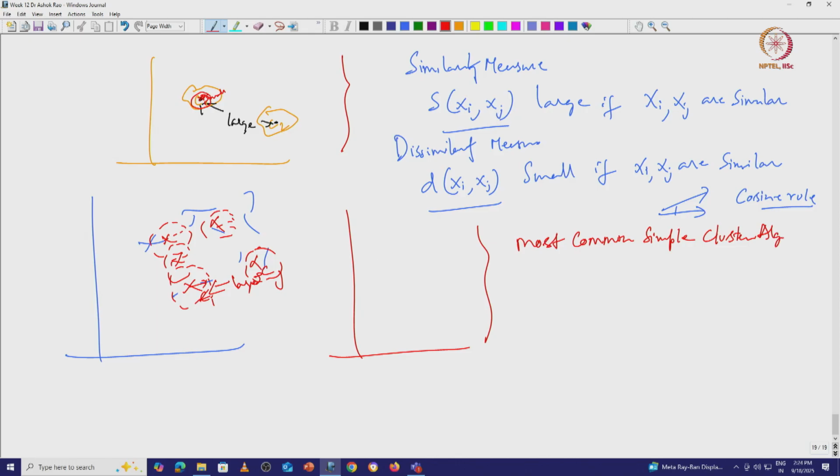So, given data, simply select randomly k centroids C1, C2, C3 etc. Ck randomly, and look at all the data from that centroid within some radius epsilon 1 and do this. So, this works.